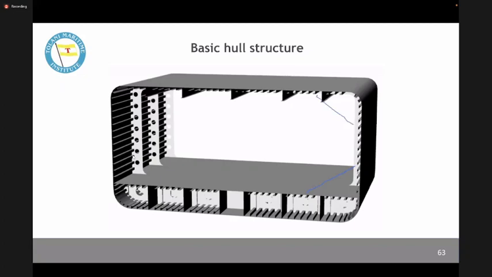The reason for this is, think of it this way. Suppose you are taking wheat, for example. If you do not have this kind of a slope in the corner, then the wheat will go into these crevices, into these areas. Now, how are you going to clear off that cargo?